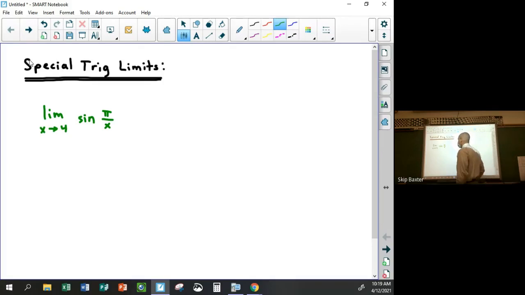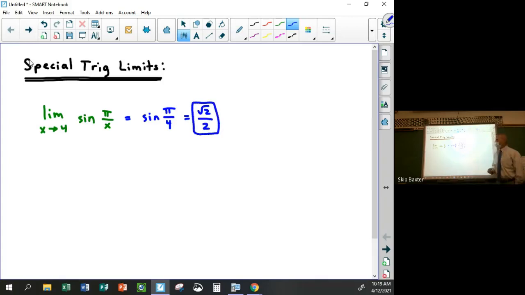That's all there is to it. This just ends up being sine pi over 4. Pi over 4 is 45 degrees, so this ends up being radical 2 over 2. So generally, trig functions follow the same rules for limits as other types of functions.